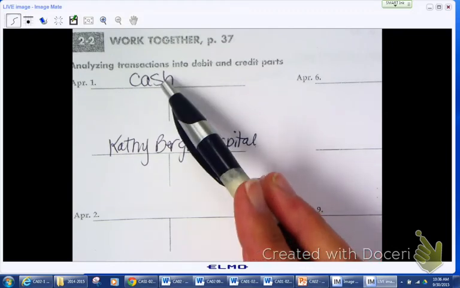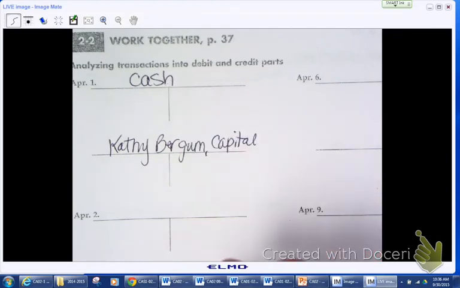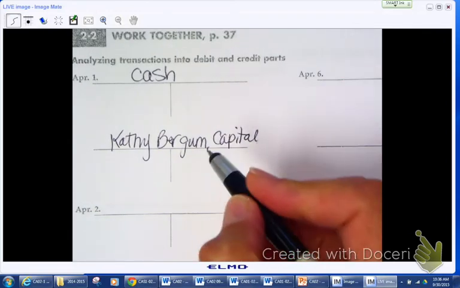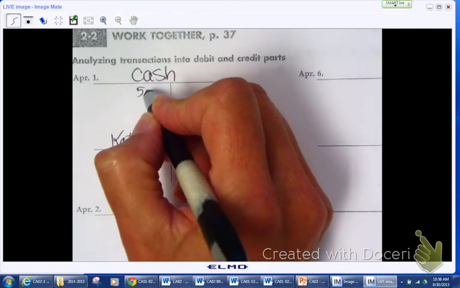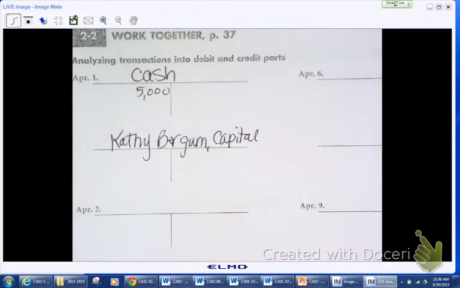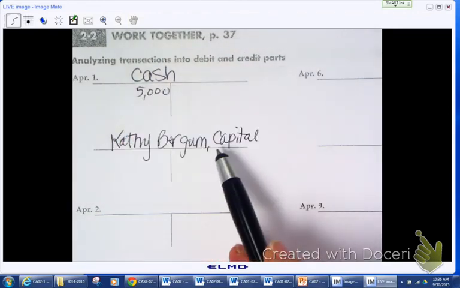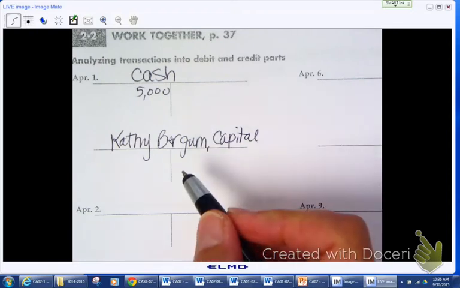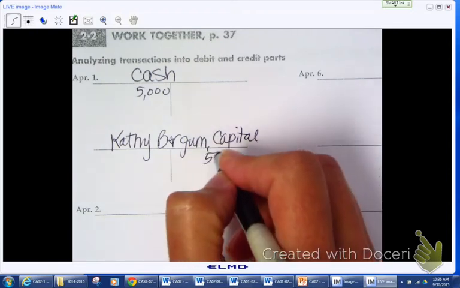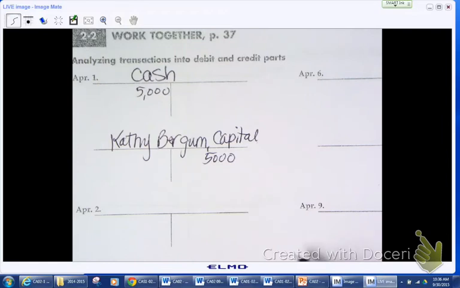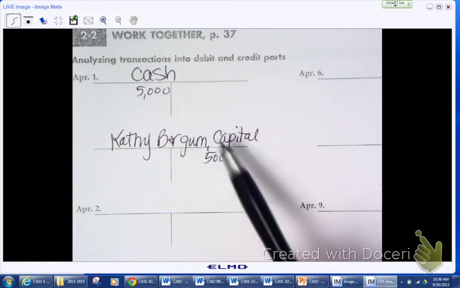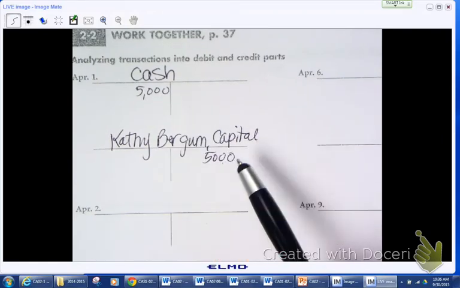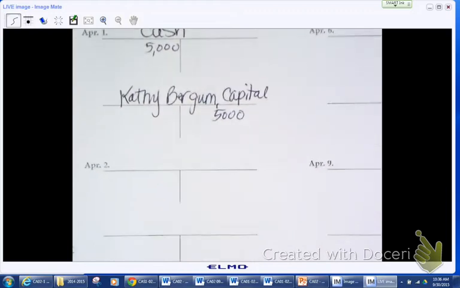So therefore, if our cash account is going to increase, we're going to debit our cash account for $5,000. And we know if the capital account is going up, we're also going to credit that account for $5,000. And that makes sense because we're going to have one debit and one credit. Let's move on to the next transaction.